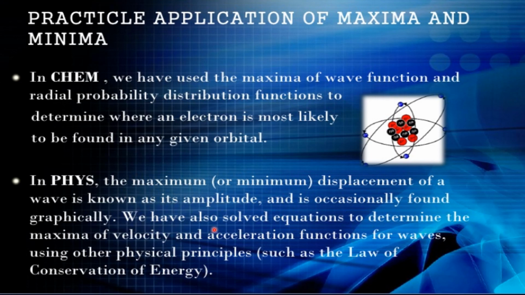We have also solved equations to determine the maximum of velocity and acceleration functions for waves using other physical principles such as the law of conservation of energy. In these cases also we use the concept of maxima and minima. Okay, my children, these are all practical applications of maxima and minima.